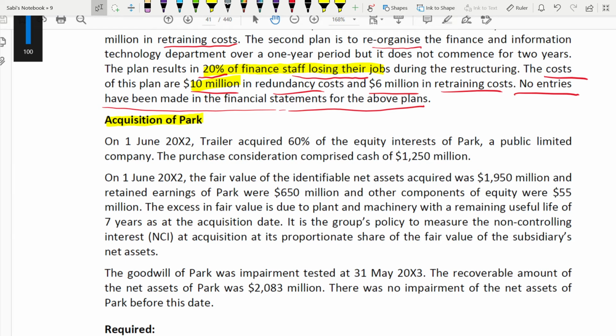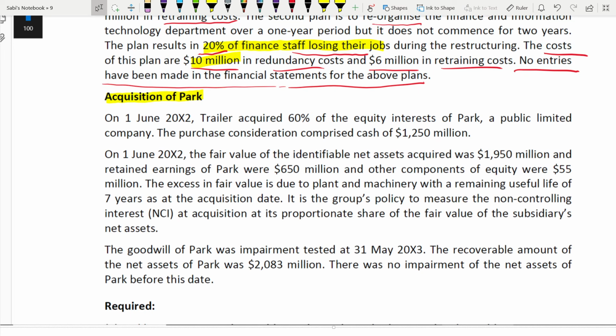Obviously since I'm explaining this to you, it's going more than 1 hour. But definitely in the exam, all this has to be done at a very high speed for you to complete the paper. Acquisition of Park, 1st of June 2002, acquired 60%. It's a subsidiary, more than 50%. Park, public limited company, purchase consideration for cash.